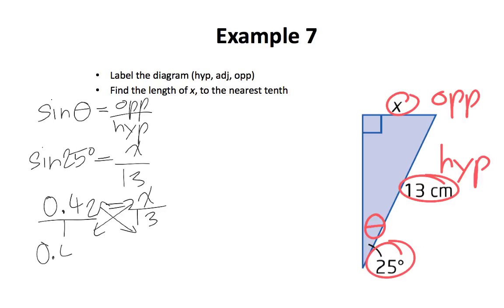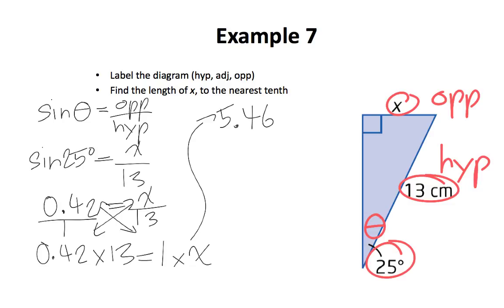So I'm going to have 0.42 multiplied by 13, which is equal to 1 times x. I'm going to deal with the numbers on the left first. So 0.42 times 13 is 5.46, and 1 times x is just x, because anything multiplied by 1 stays the same. Therefore, x is 5.5 centimeters.